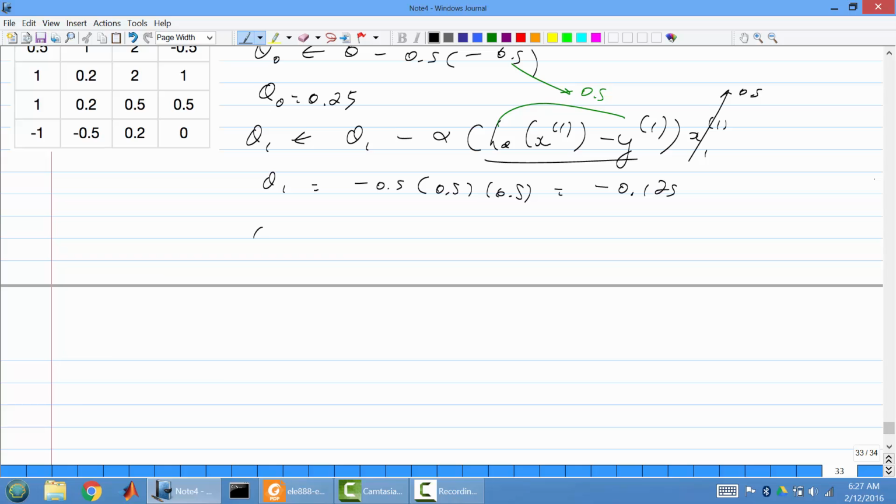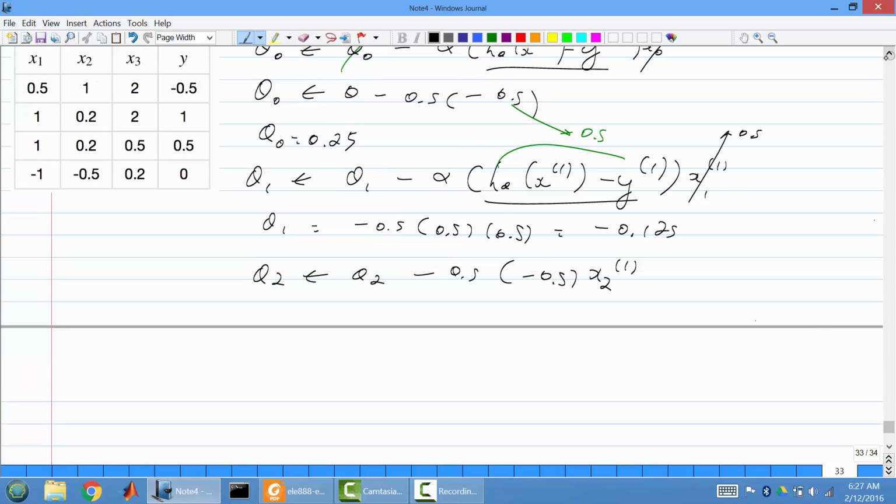Now we're going to do the next update for the second parameter. This is 0.5, and this is minus 0.5 from before, and then you need the second feature of the first training example. If you take a look, this is equal to 1, so this is just 1.